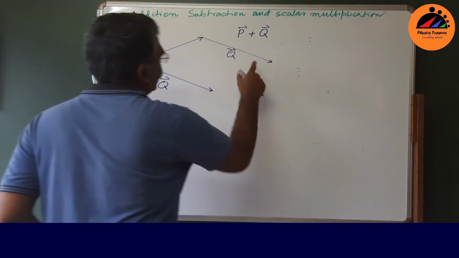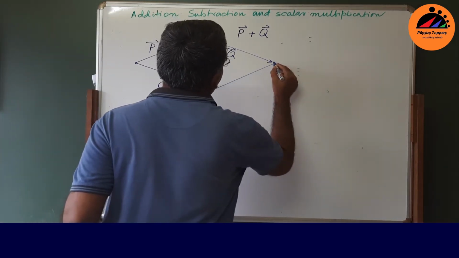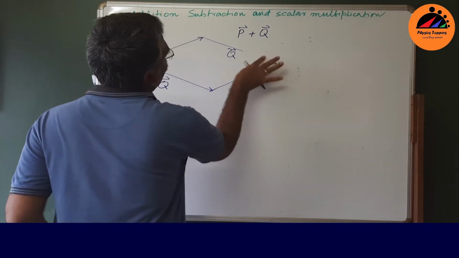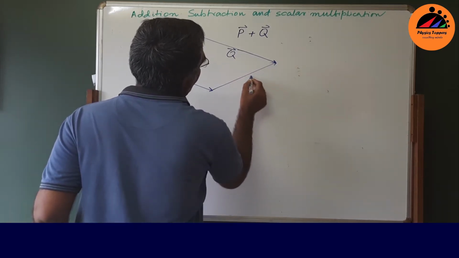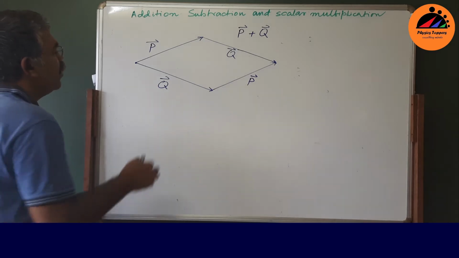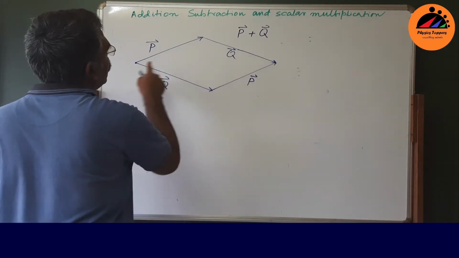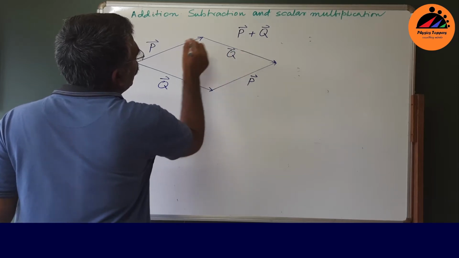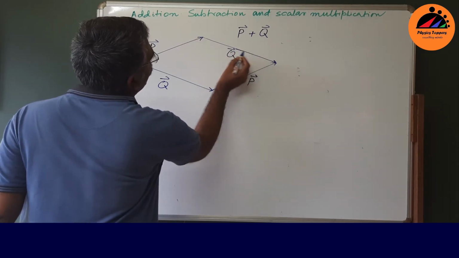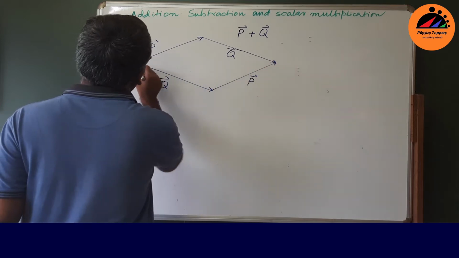Now, naturally, from simple geometry, you will see that this will be p, right? This will be p. Anyway, so q, place it here, and this is p. So this p plus q. What's the resultant?